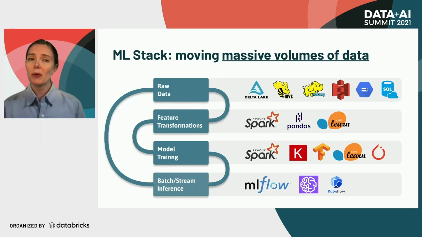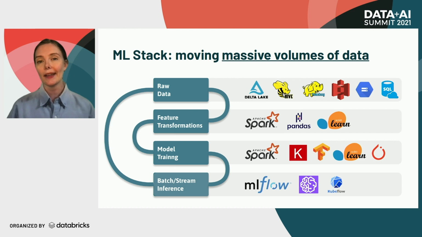Now, debugging ML applications is unlike debugging traditional software. Building and serving machine learning models involves processing massive amounts of data. The entire Databricks ecosystem is specifically designed to power terabyte-sized data pipelines.